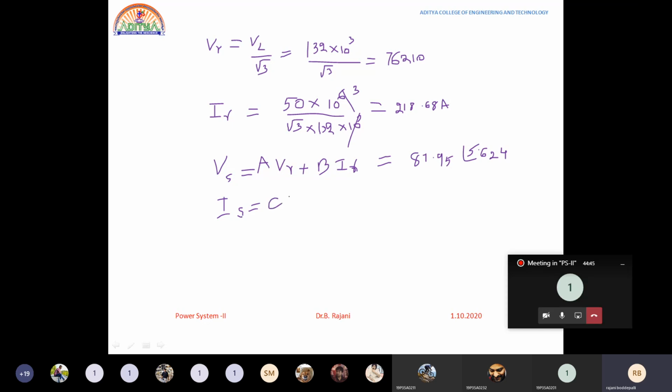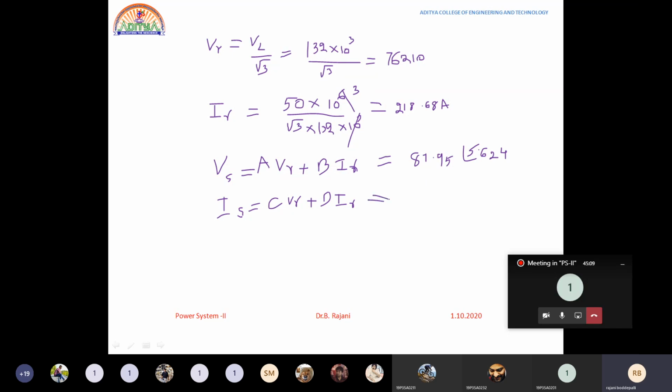Similarly, Is is equals to C into VR plus D into IR. These values also you know, what is IR and all that. IR is this much, VR is this much with an angle, and this is the angle we are having for VS and sending end current.